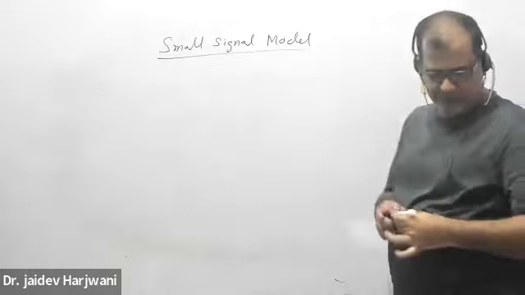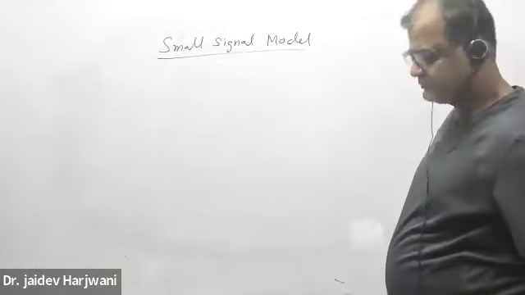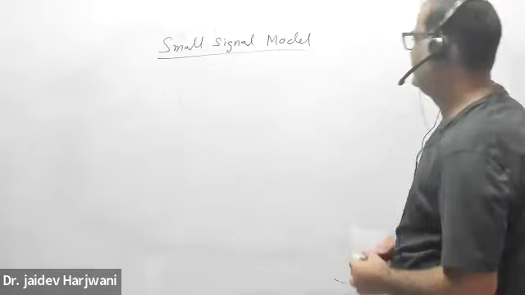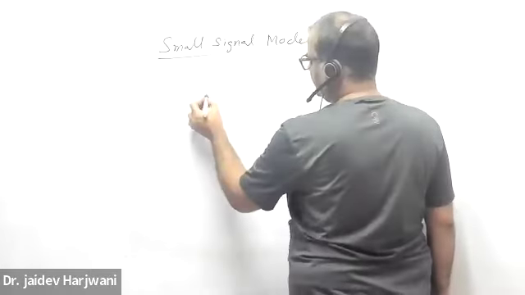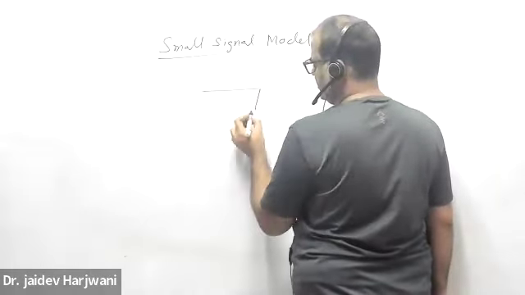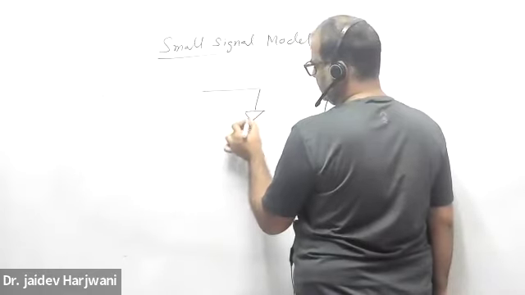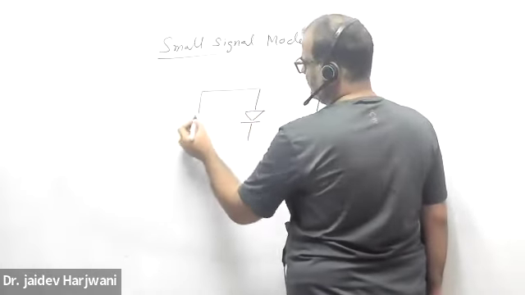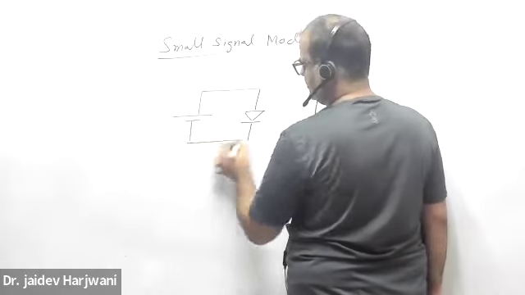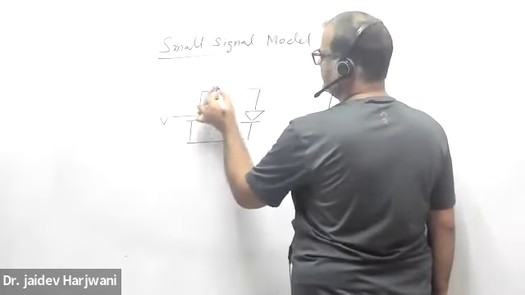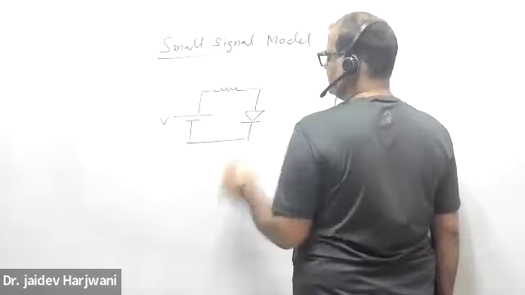Small signal model means, suppose you have a diode, and you are applying some battery to this diode. Of course some resistance is there.